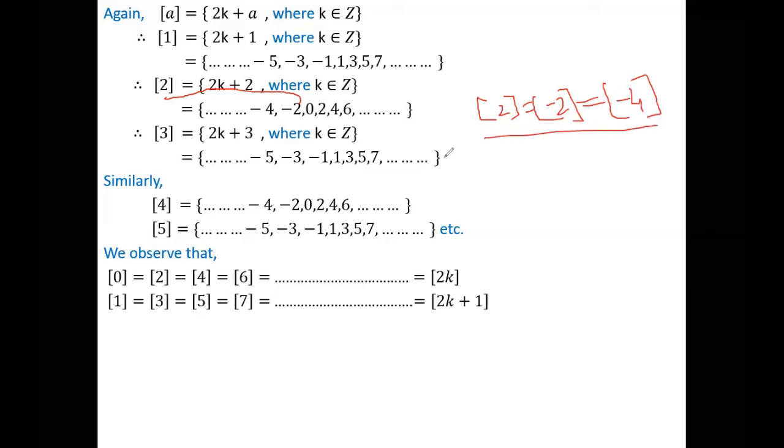Observe these two sets. They don't have any element in common. Got it?